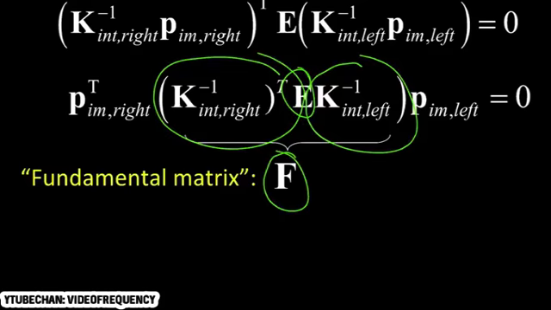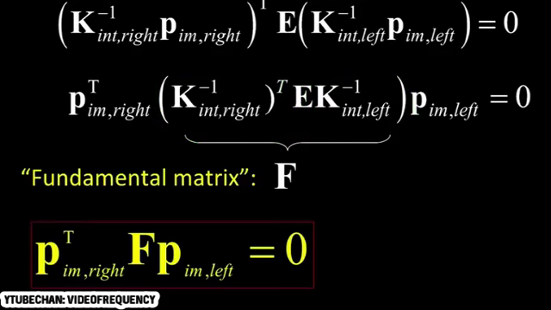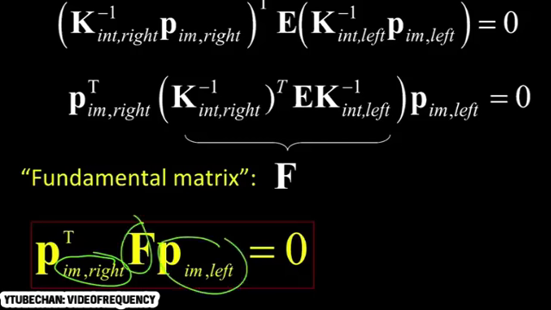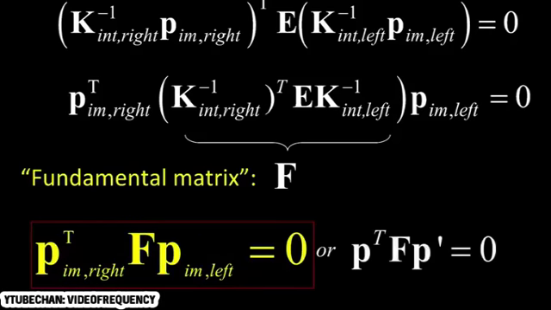And when I do that, I end up with this beautiful equation. It just says that P transpose of the image point on the right, so this is from the image now, times F times P in the image on the left equals 0. And this is a relationship between image points, which I can just write this way as P transpose F P prime equals 0, P being in one frame, P prime being in the other frame.